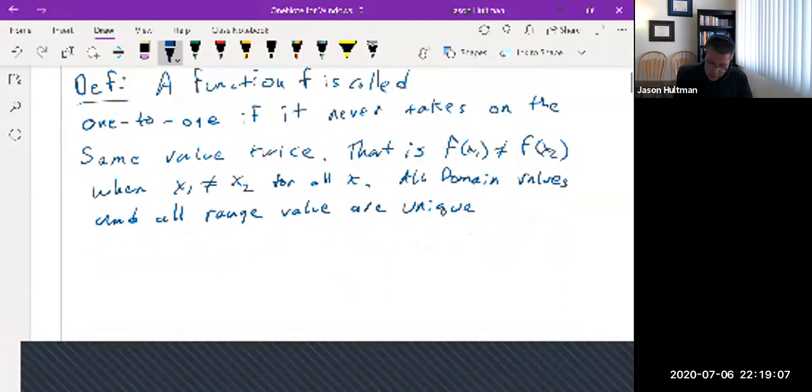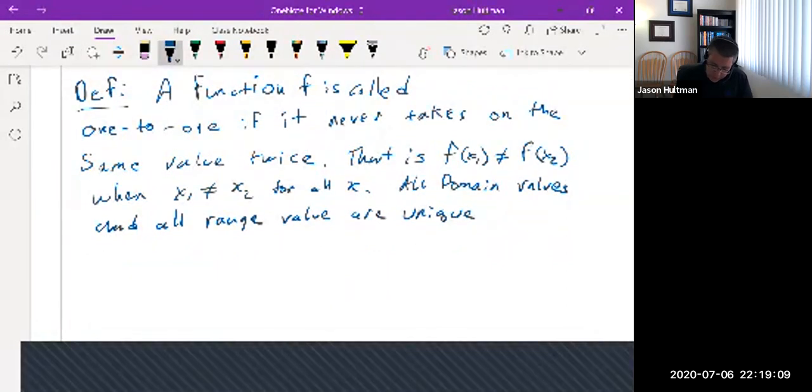Okay, so how do we tell if a function is one-to-one? Well, here's a function, and it is not one-to-one because if I do something called the horizontal line test, boom, it's not one-to-one. Now, it's not a function if it fails the vertical line test, but it is certainly not one-to-one if it fails the horizontal line test.